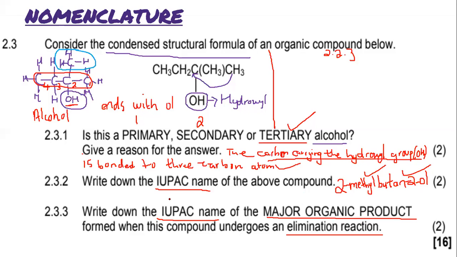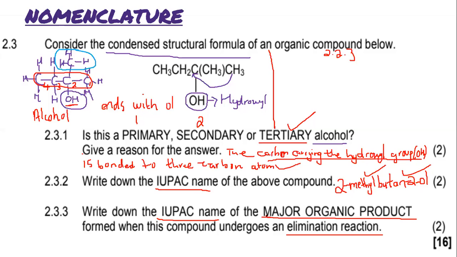So this is what you need to understand. Now, once we say we want a major organic product, it means something must kick in your head, my dear learners, that there are probably two possibilities of products: the minor product and the major product.